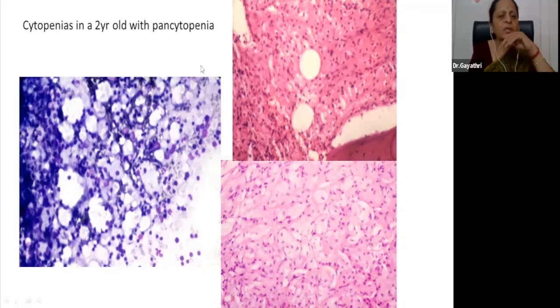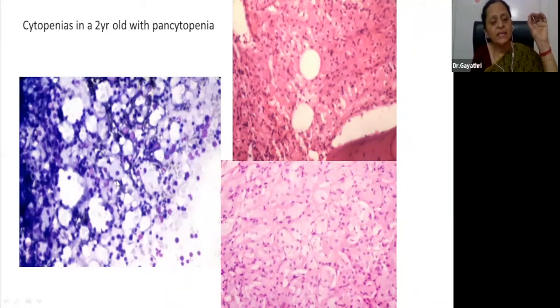Another situation here: a 2-year-old, another child with cytopenias, also part of pancytopenia. The marrow aspiration was not very productive, but towards the trails of these few particles, we saw cells that seemed empty.